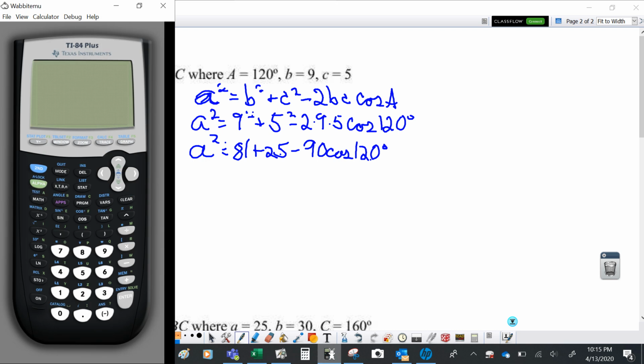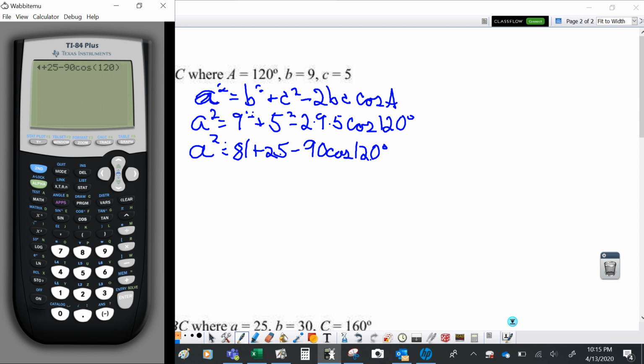So I can go to the calculator, and I can turn it on, and I can type in this whole right side. So 81 plus 25 minus 90 times the cosine of 120 degrees. Now, keep in mind, that's degrees.